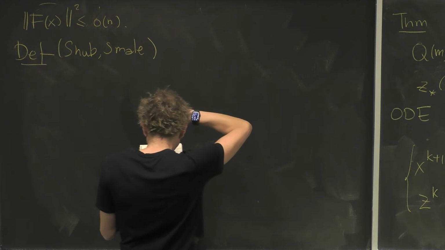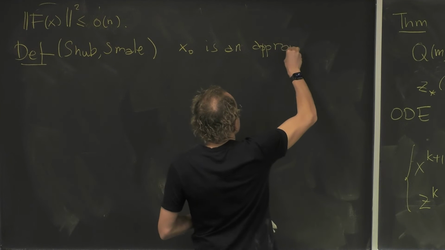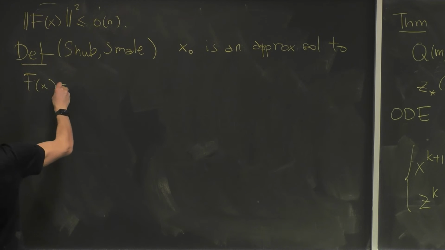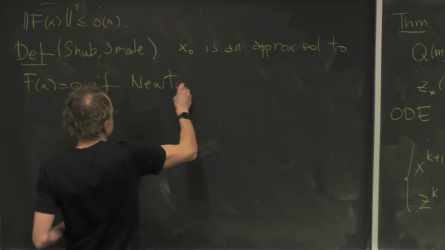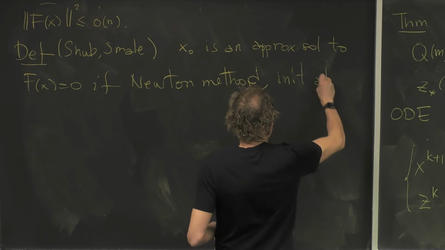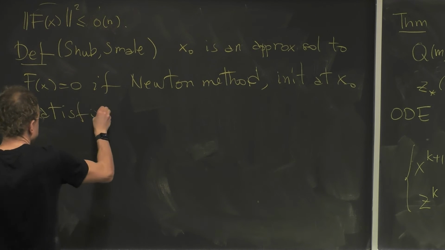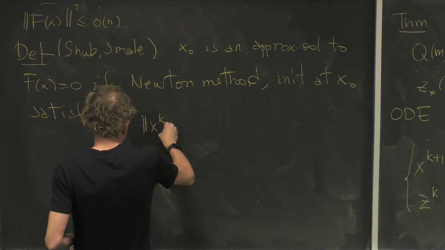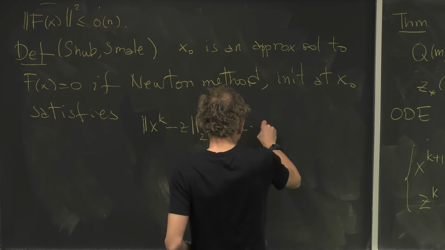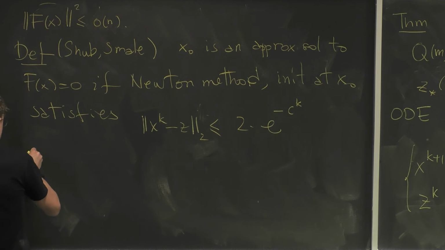We say that x0 is an approximate solution to f of x equals 0 if Newton's method initialized at x0 satisfies that the distance of x_k from z is less than or equal to 2 times e to the minus c k, for some solution z.